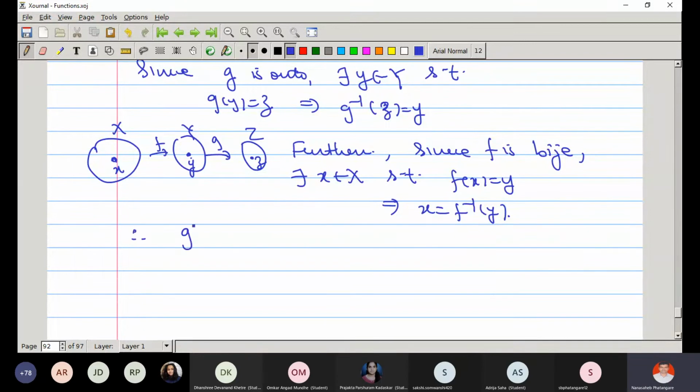Therefore, what is F inverse composite G inverse of Z?